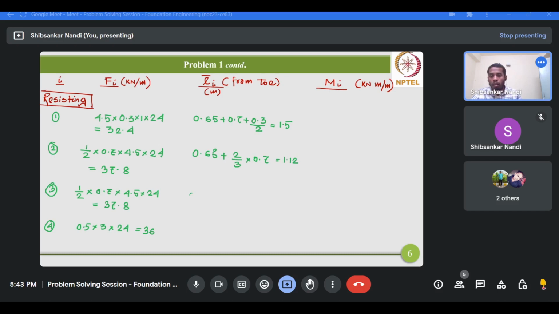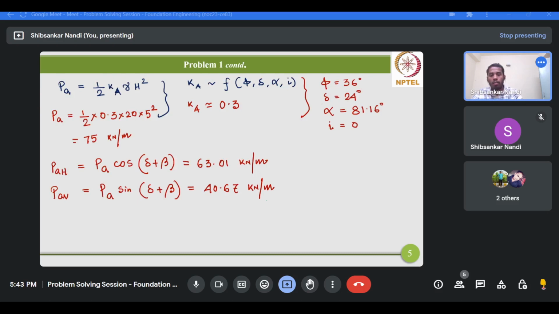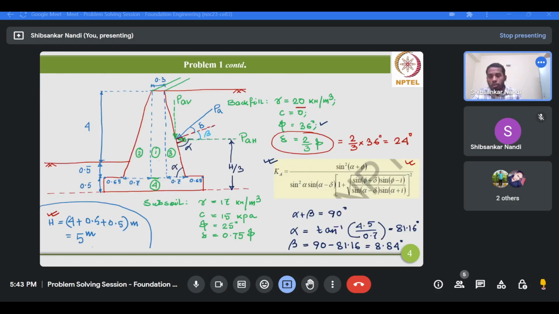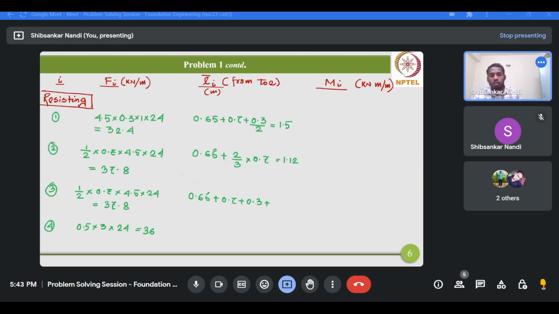Now for the triangle marked as 3, it will be 0.65 plus 0.7 plus 0.3. Now it is measured from the base, so it will be simply 0.7 by 3.